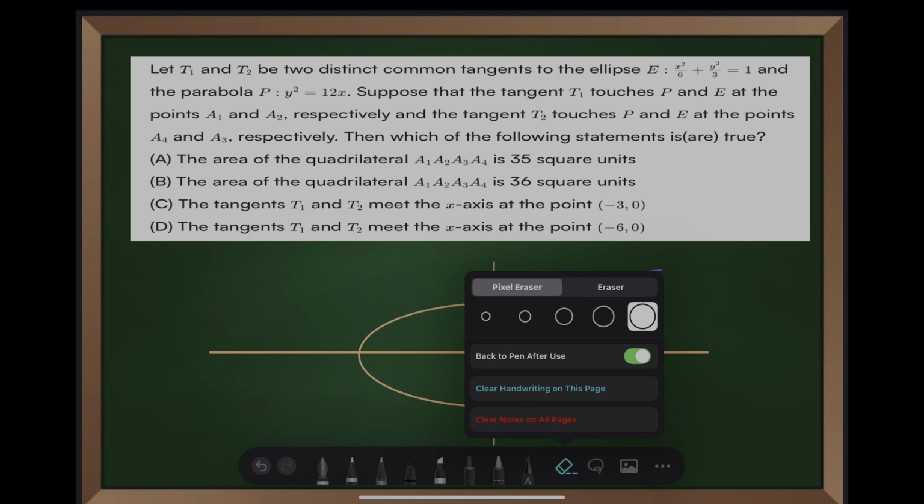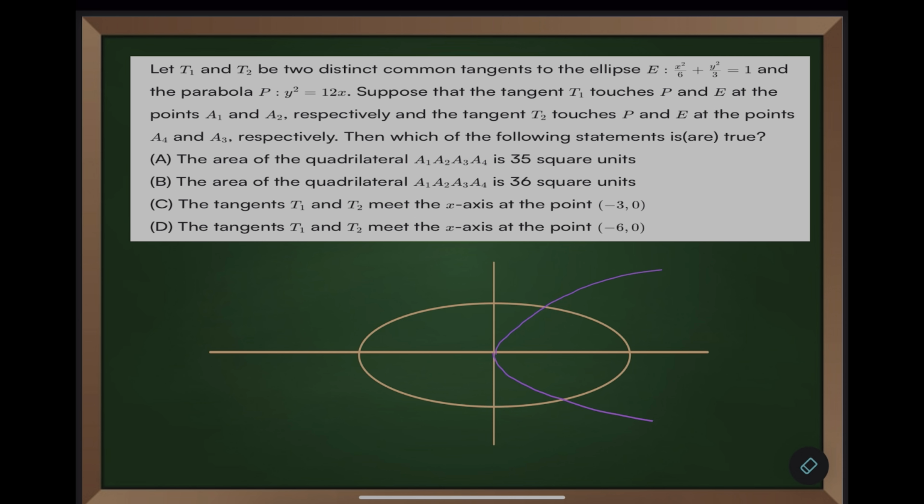Now look at this. Suppose the tangent T1 touches P, where P means parabola, and E, the ellipse, at A1 and A2. I'll use a different color.